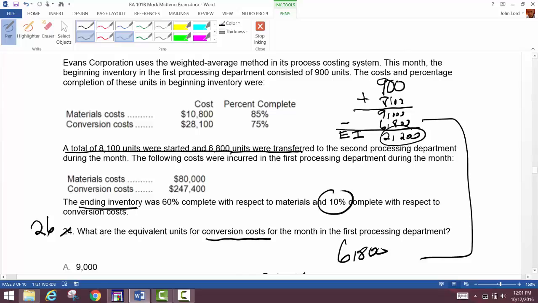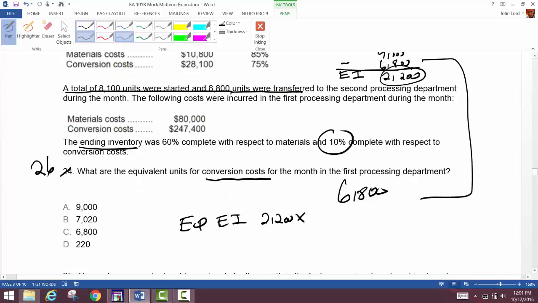Okay, so we were 0.1 complete, so we take the 0.1. 2,200 times 0.1 is what? 220. So if we add the 6,800 plus the 220, that gave us this, where did I write this? 7,020.